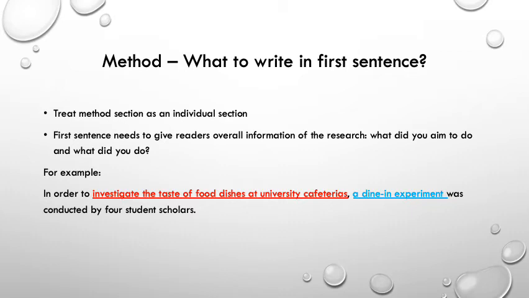So, in order to investigate the taste of food dishes at the university cafeterias, so this is my purpose of research, a dining experiment was conducted. So this is what I did. By giving this information in one sentence, the readers can very quickly understand what was your purpose and what did you do.